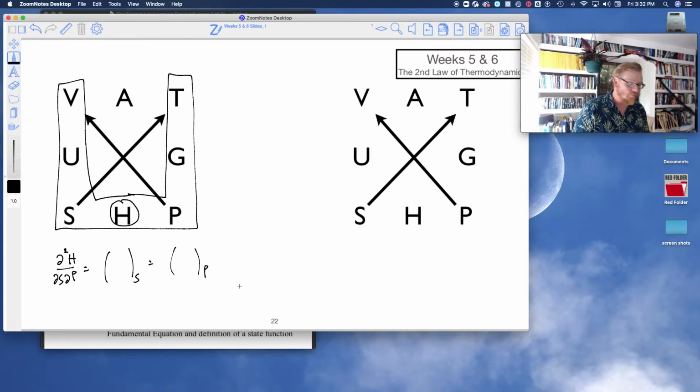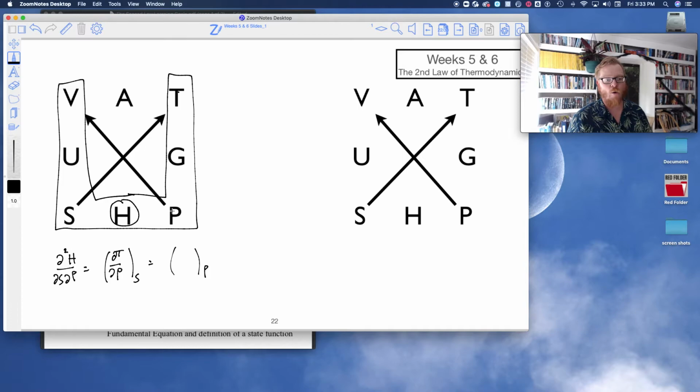Then I'm going to go over to the S. I could go with the P; it doesn't matter which one I start with, but I wrote S first, so let's go to S. I travel up this arrow and follow along it. I get to T, so I write dT. Then I come all the way down my little trough to P and say partial of P, and that's all at constant S.